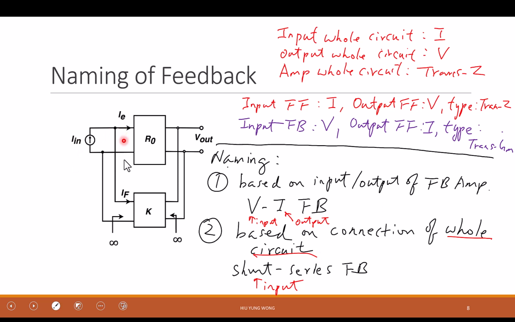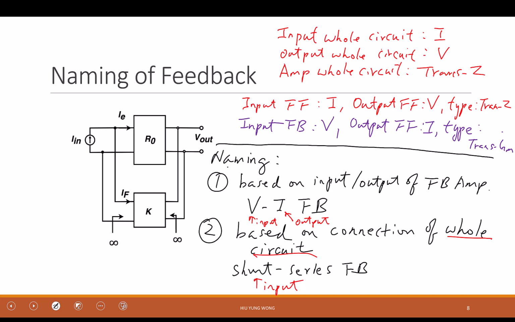The input here, you have a parallel connection because you need to steal away the current. It needs to be parallel. And we discussed this earlier already, right? Current feedback needs to be parallel for comparison. Voltage feedback needs to be series because you want to subtract the voltage. Make sense?